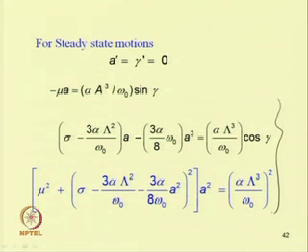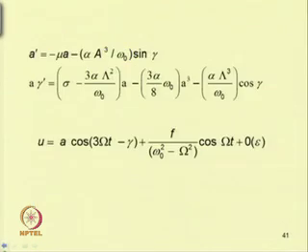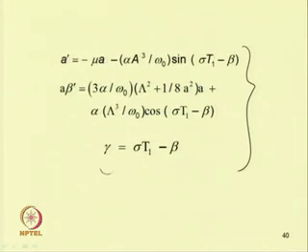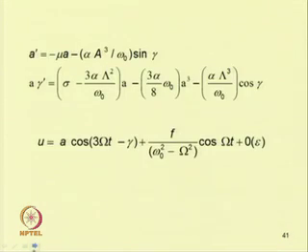Here, to make the system autonomous, we have substituted gamma equal to sigma T 1 minus beta, and so we have written this equation. This is the first order solution of the system.